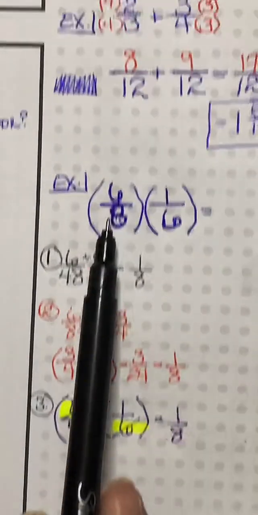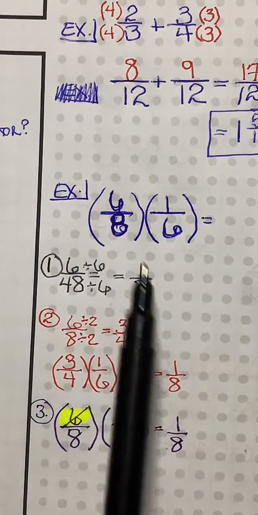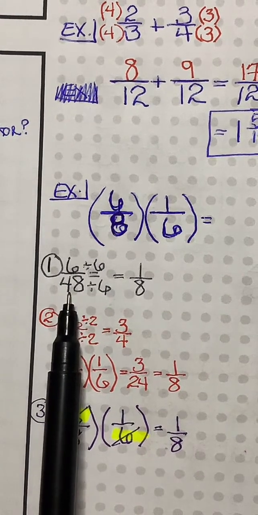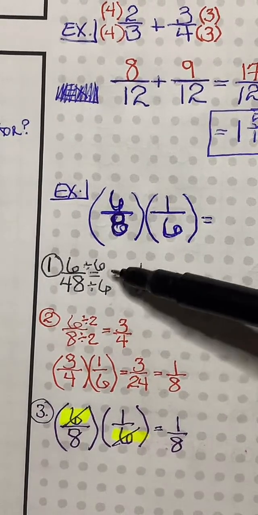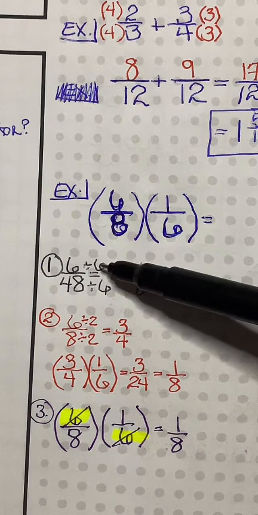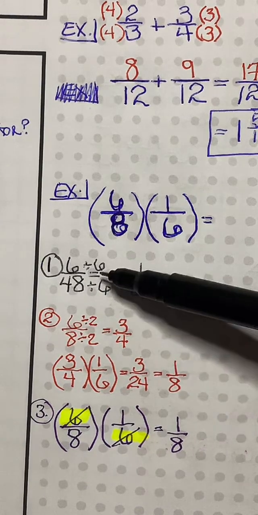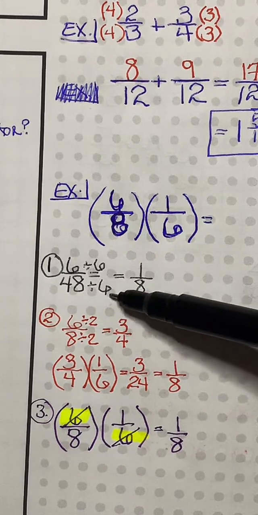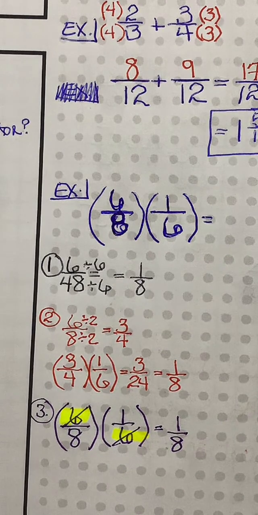I multiplied 6 times 1 and then multiplied 8 times 6. That's how I got the 6 over 48. And then when I wanted to reduce this, yes, you can reduce by 2, but 6 is a better one because then I'll have 6 divided by 6 gives me 1, and 48 divided by 6 gives me 8. Okay.